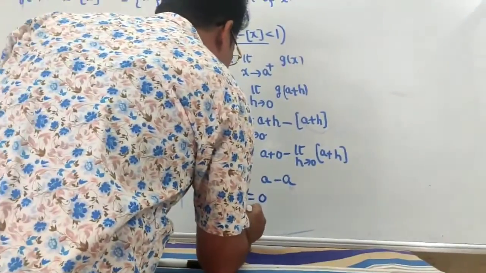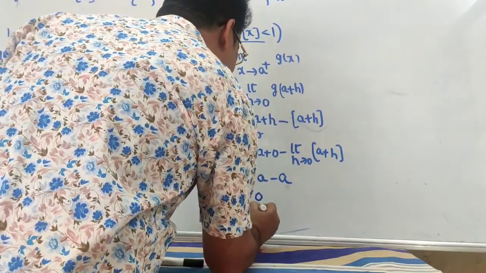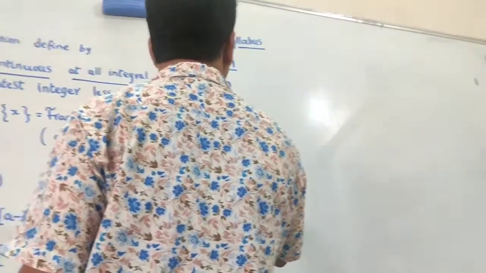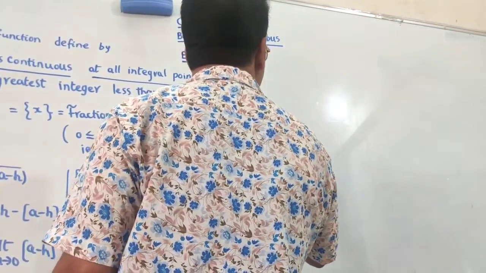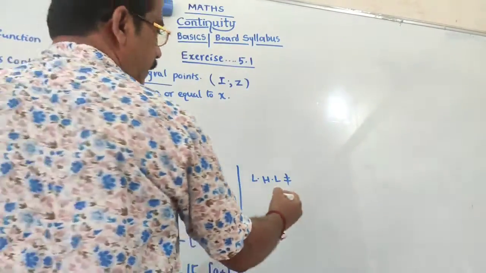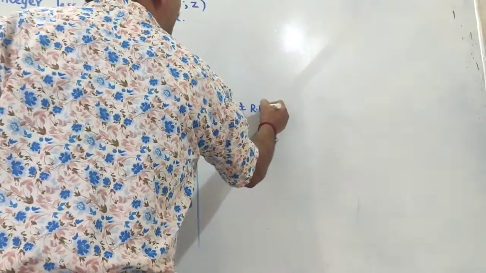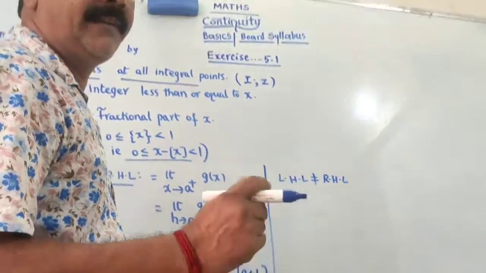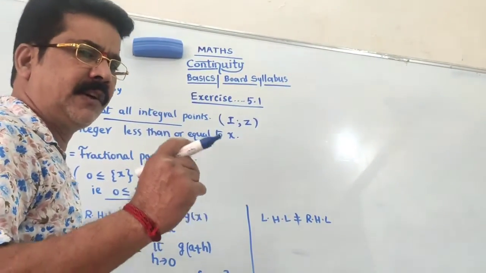So therefore right hand limit equal to 0. Hence left hand limit is very clearly not equal to right hand limit, then there is no need of comparing the value of f of a or g of a.